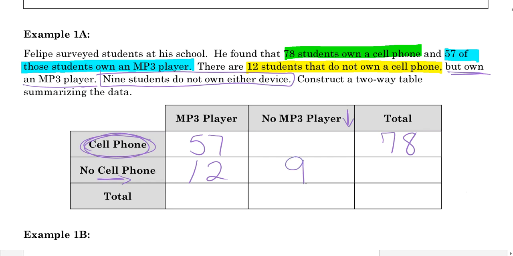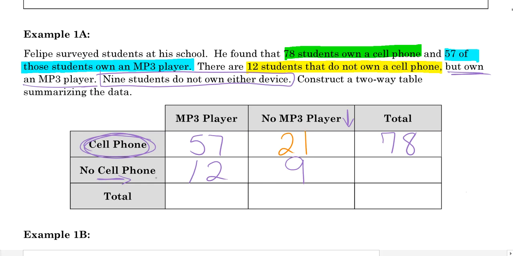So now I need to use some basic math skills to discover the values that are not within my chart. To figure out the number of students who have a cell phone but do not have an MP3 player, I need to subtract 57 from 78. That gives me 21, so we know that 21 students own a cell phone but not an MP3 player.